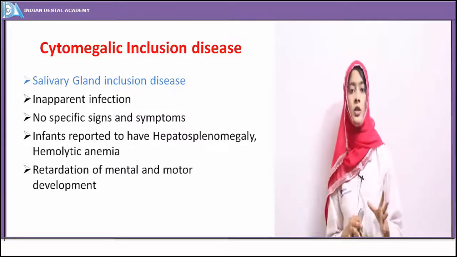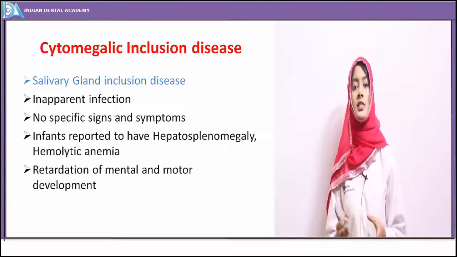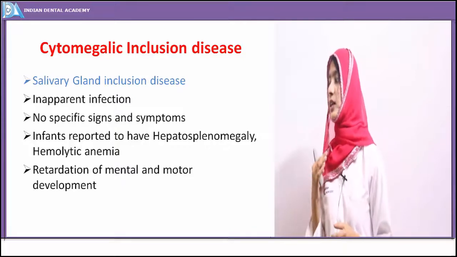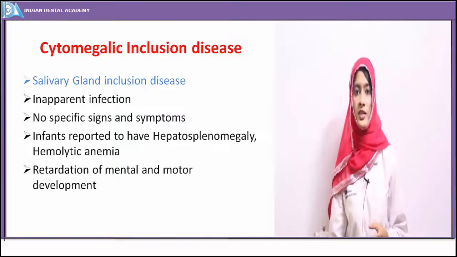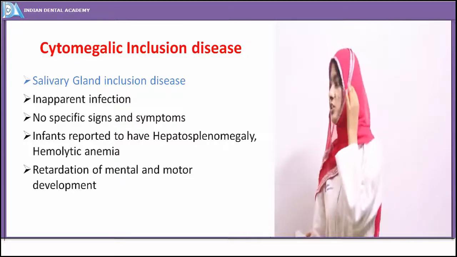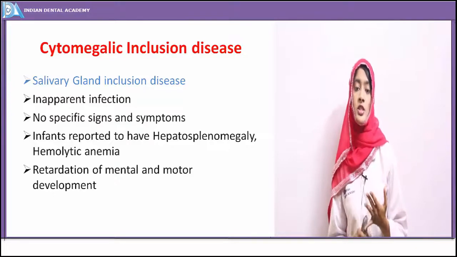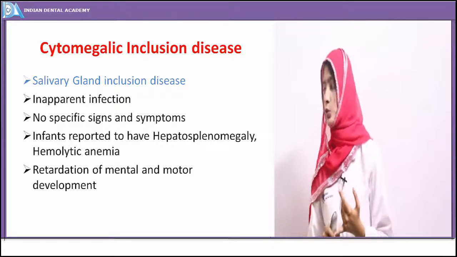Here we are going to study specifically the salivary gland related disease, that is the salivary gland inclusion disease. Cytomegalovirus is also a type of herpes virus actually. Cytomegalic inclusion disease has to be differentiated from other forms like toxoplasmosis also.